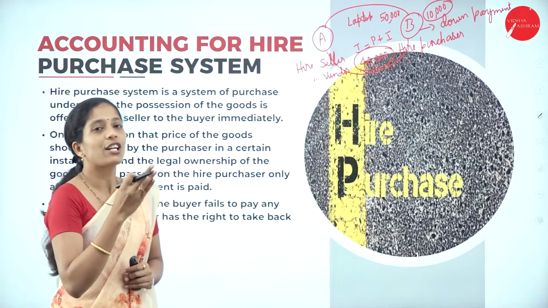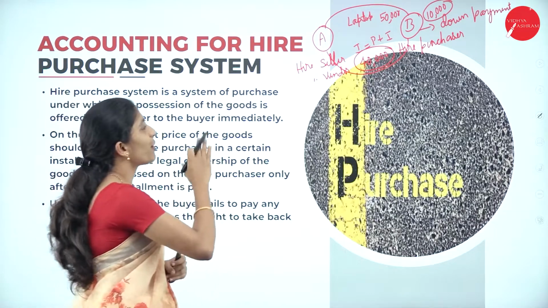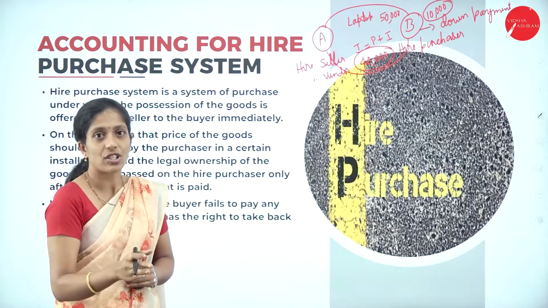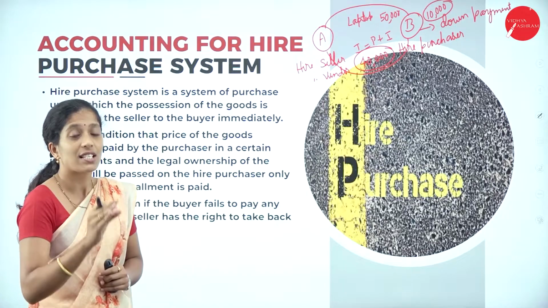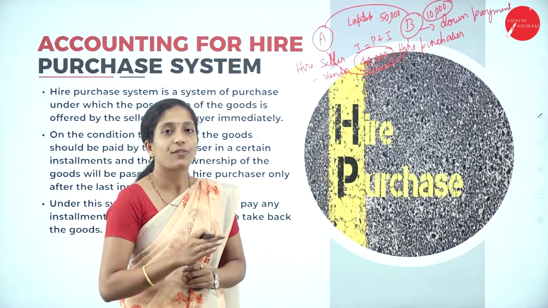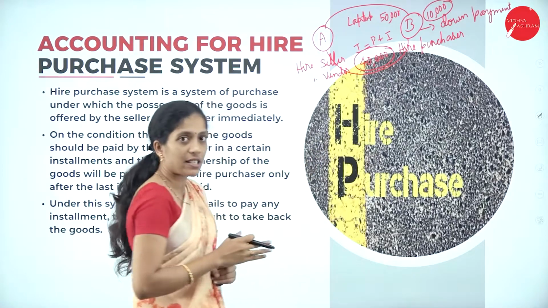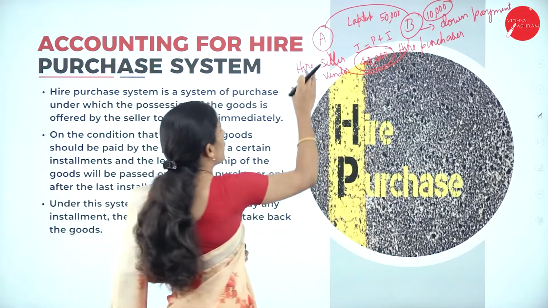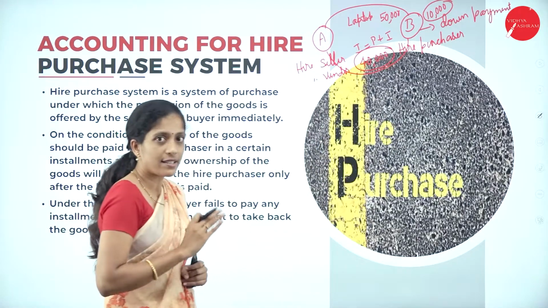Here the ownership of the goods, that is ownership of the asset, transfers from hire seller to hire purchaser only after the hire purchaser makes the last installment. Till the last installment is made by the hire purchaser, ownership lies in the hands of hire seller.